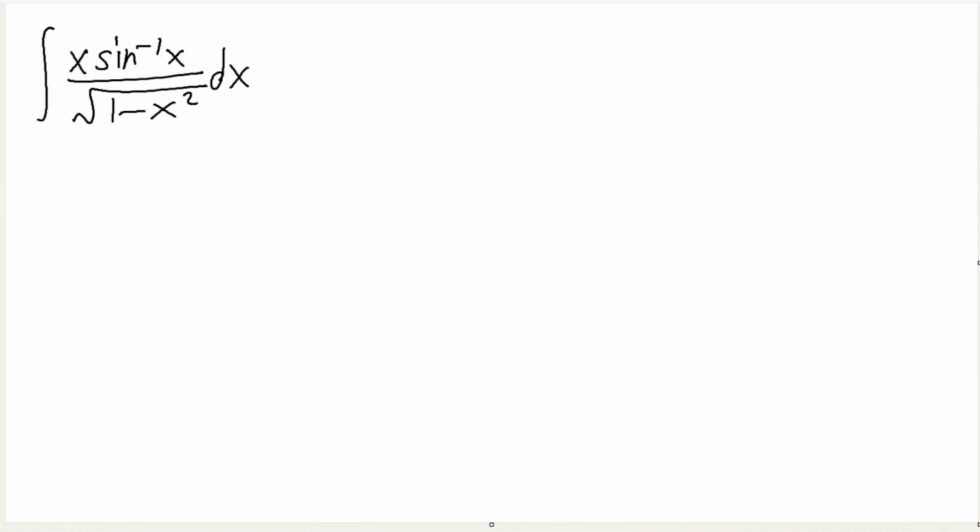So, what do I do with this? Do I derive inverse sine of x, or do I integrate inverse sine of x over square root of 1 minus x squared? What do I do? The easiest path you should always choose is this. Now this is negative 1 over x square root of 1 minus x squared.